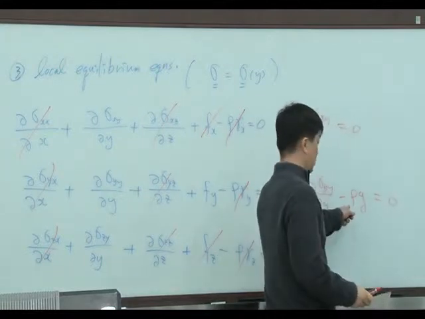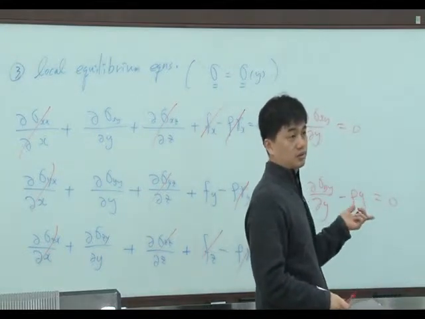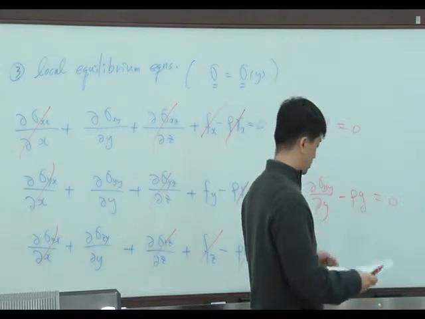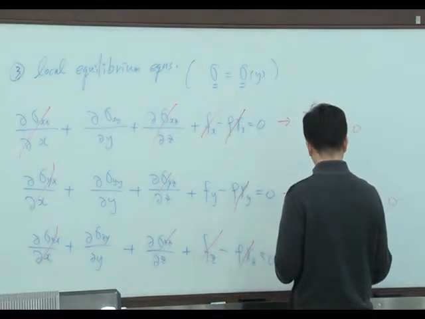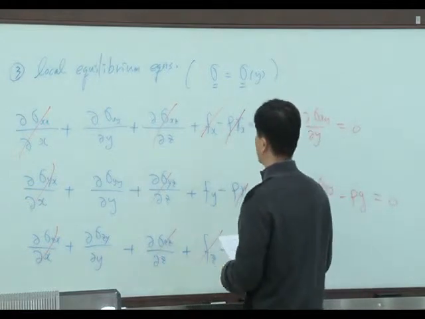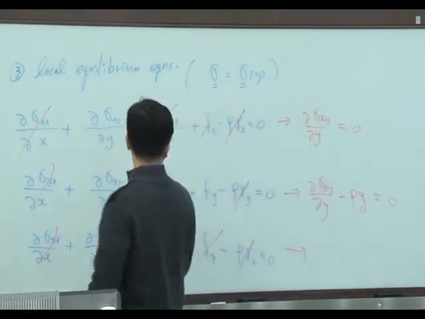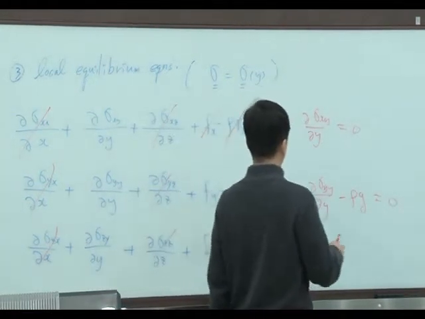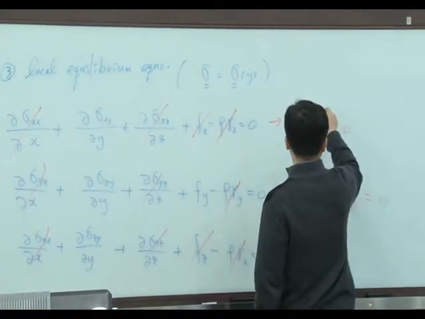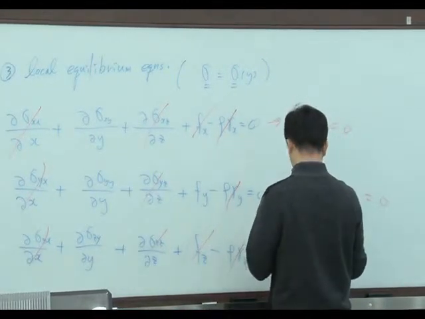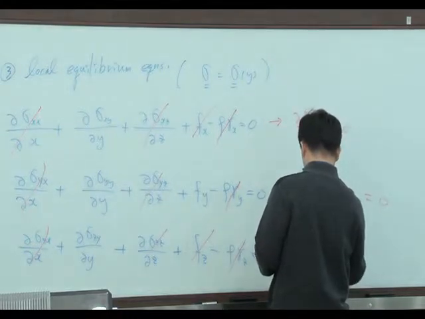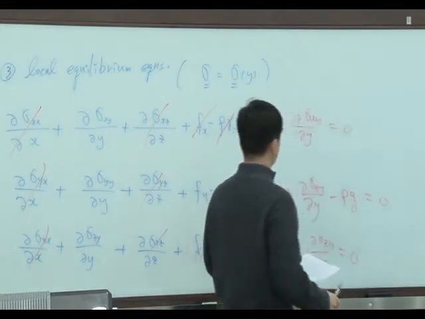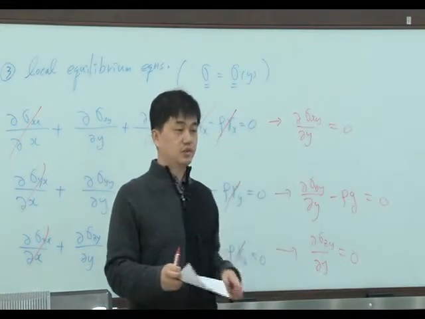So here rho can be rho 1, rho can be rho 2. Now we have only a simple equation.